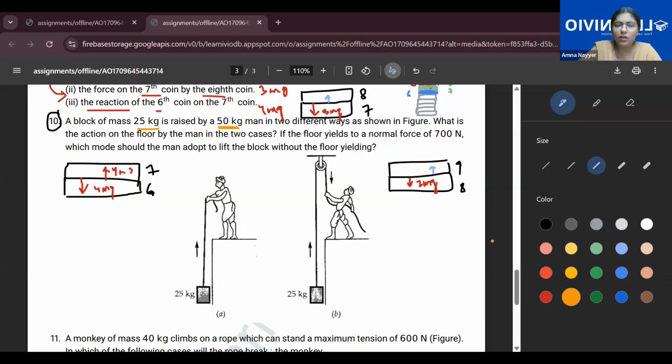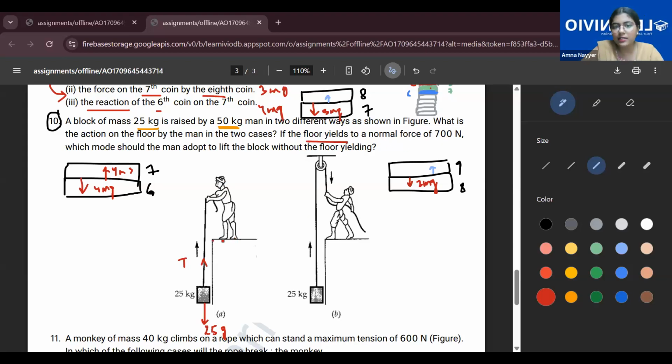Tension is acting upwards, so this tension force will be downwards on the man. mg will be acting downwards. I'll write this as 25g because two masses will be used, the mass of the man and the mass of the block. This is tension, this is 25g. And let's talk about the man, because it says the floor yields.